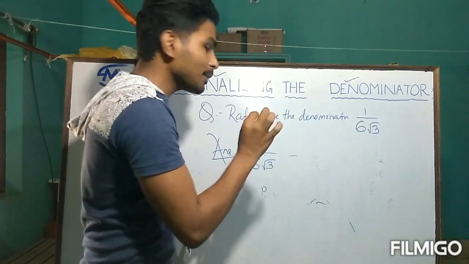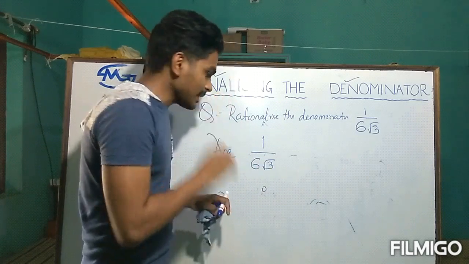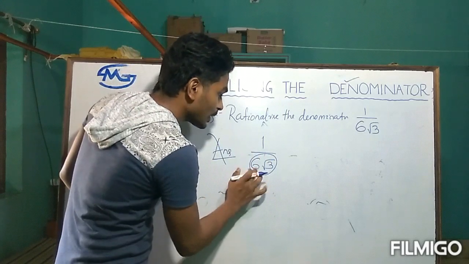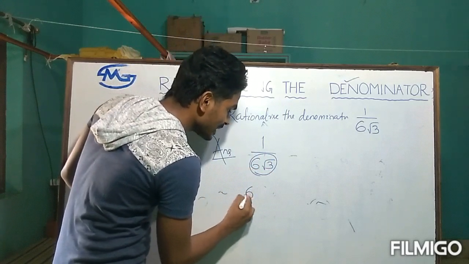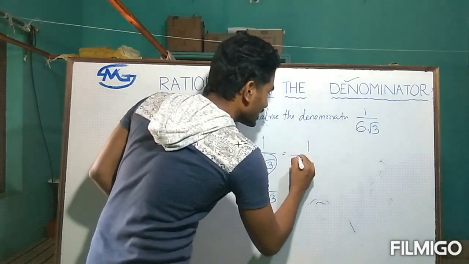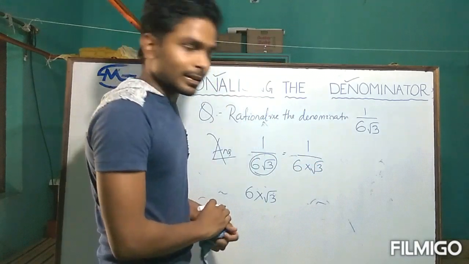First of all, we have to find whether it is an irrational number or not. It is a single term, and it is a multiplication of two terms: one is 6, another is root 3. So we can easily write it as 6 into root 3. Got it?